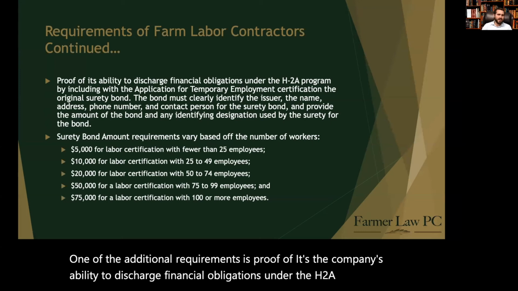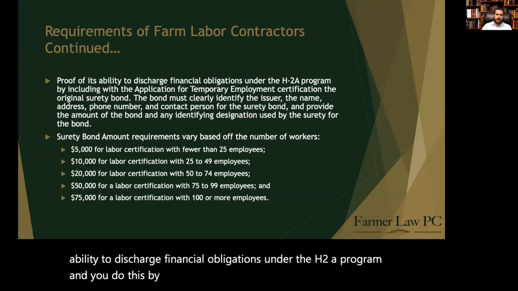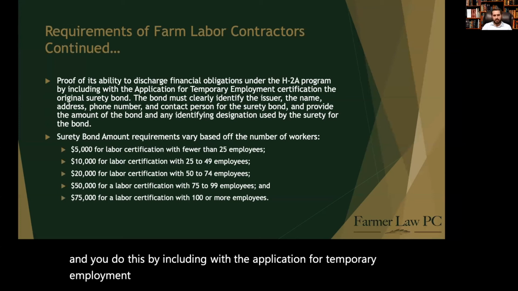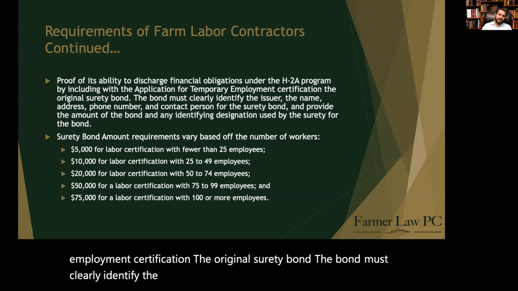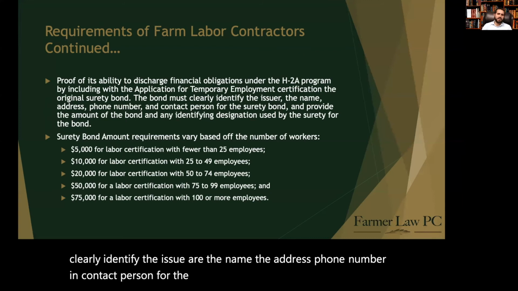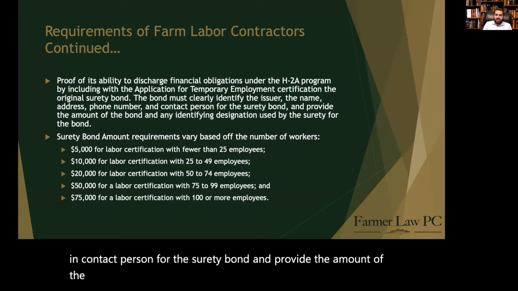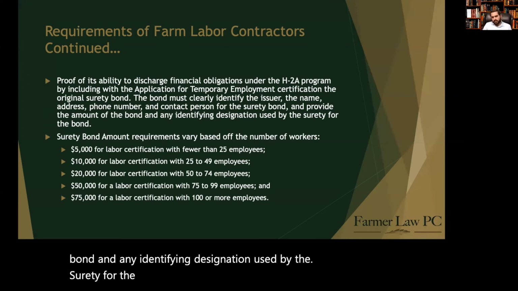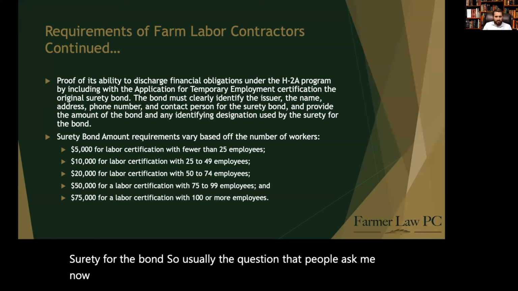And you do this by including with the application for temporary employment certification the original surety bond. The bond must clearly identify the issuer, the name, the address, phone number, and contact person for the surety bond, and provide the amount of the bond and any identifying designation used by the surety for the bond. So usually the question that people ask me now is, wait, what is a surety bond?